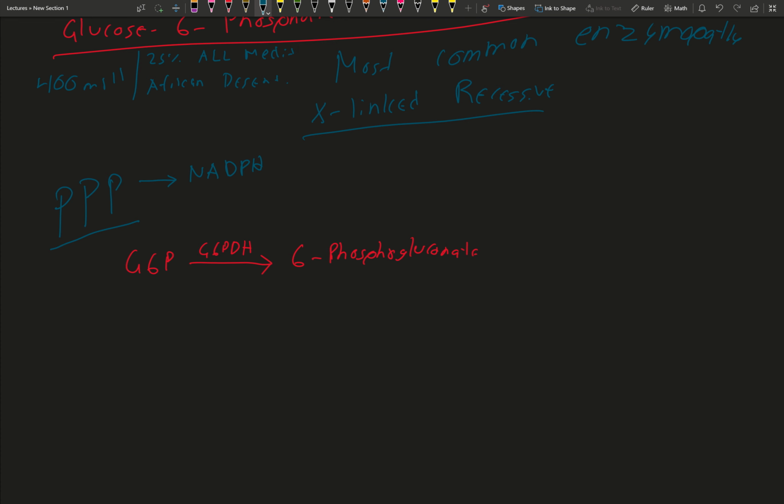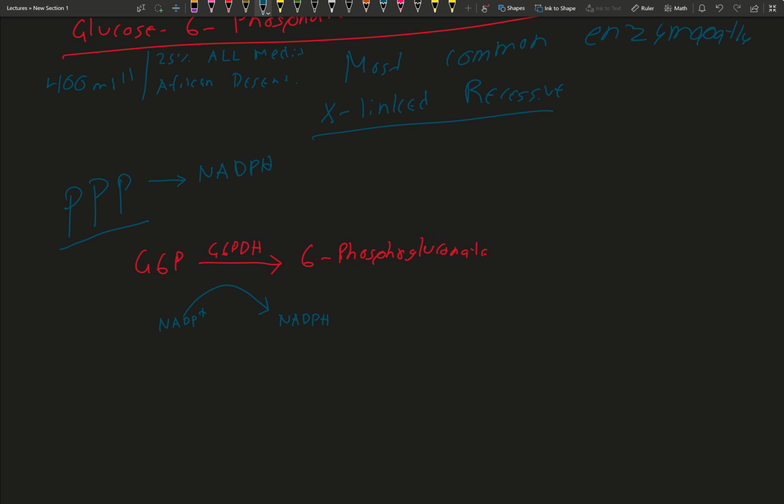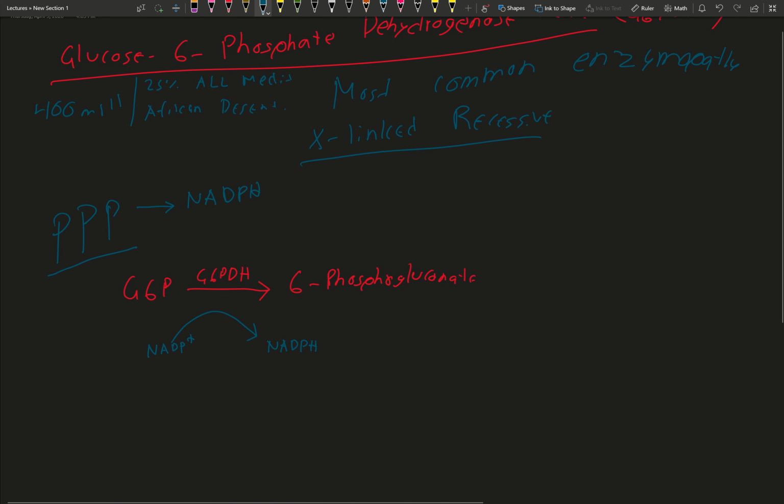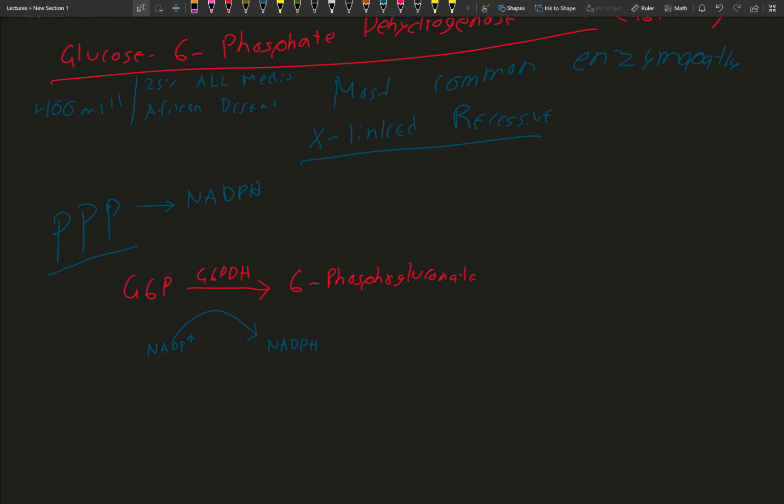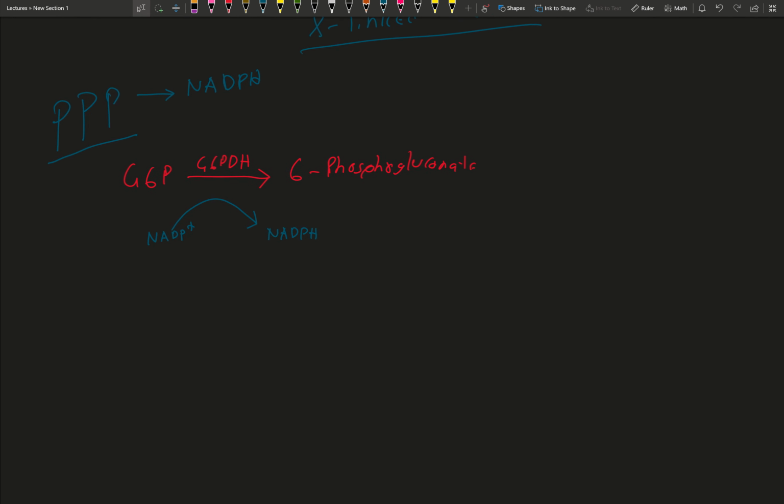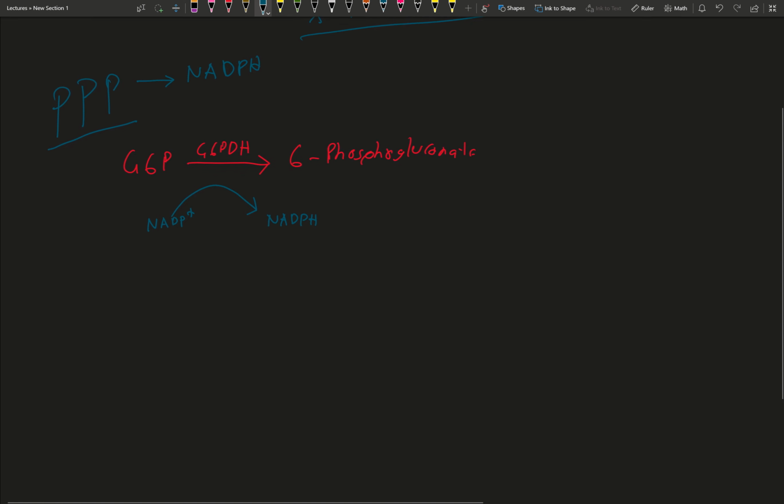The important bit is this production of reduced NADPH from oxidized NADP+. Okay? So this is the major benefit of this enzyme in terms of looking at oxidative stress, which is what glucose 6-phosphate dehydrogenase deficiency has to do with. This NADPH is important because it works with glutathione to combat oxidative stress within the body.